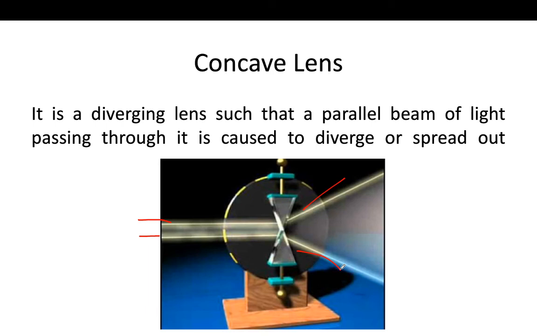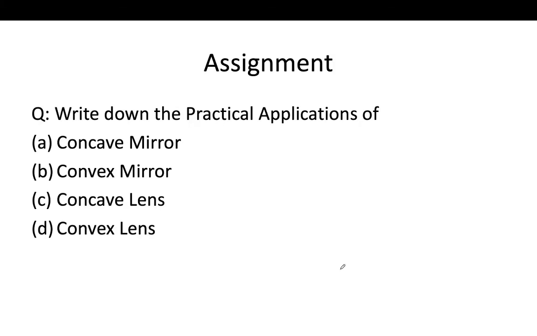After studying this, I think the main goal of today's lecture is that we should know where all these types of mirrors and lenses are used, because now you know their properties and working principles. So all of you should do this assignment and write down the practical applications. It depends upon you how many applications you can write.